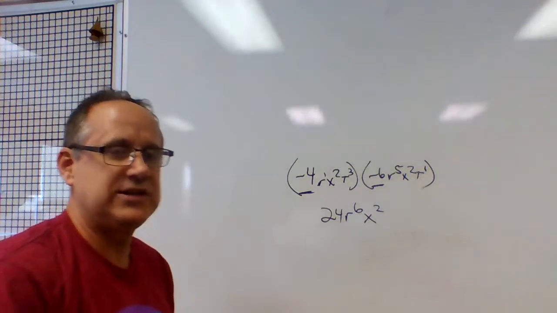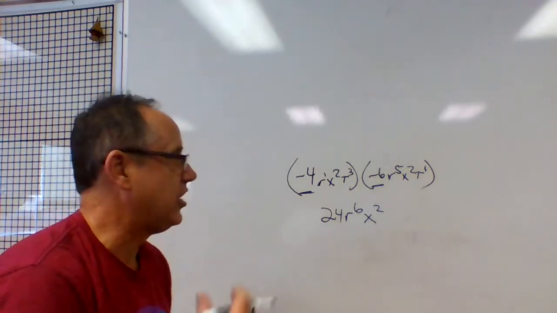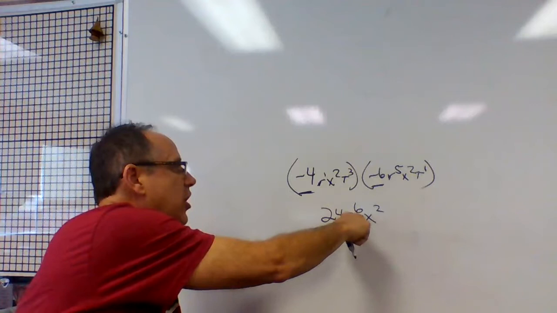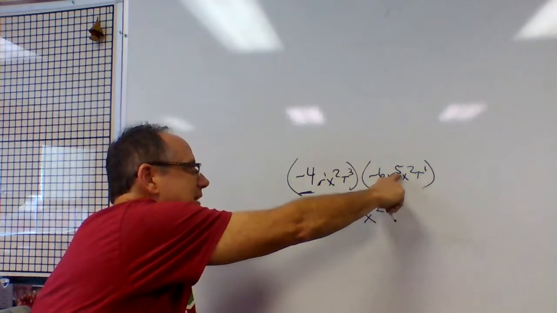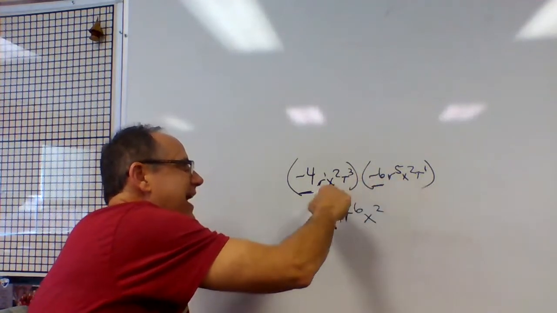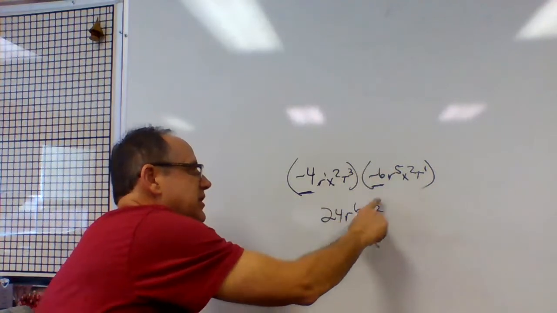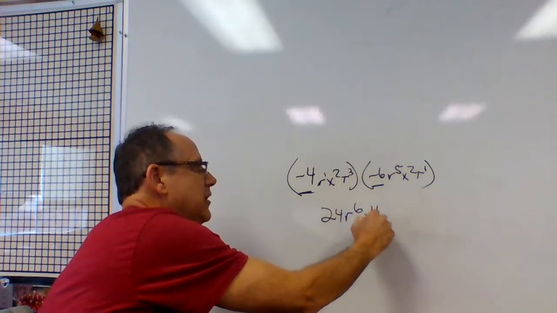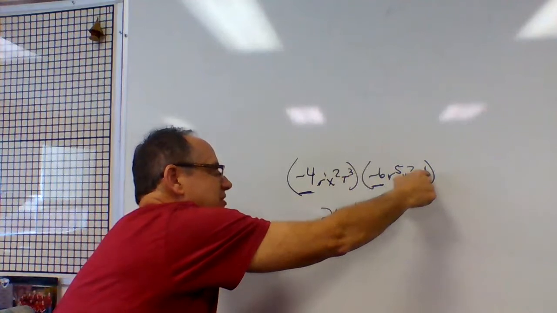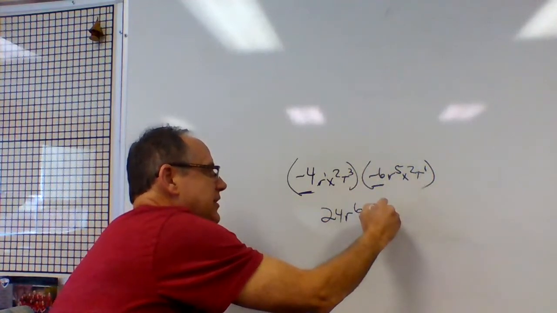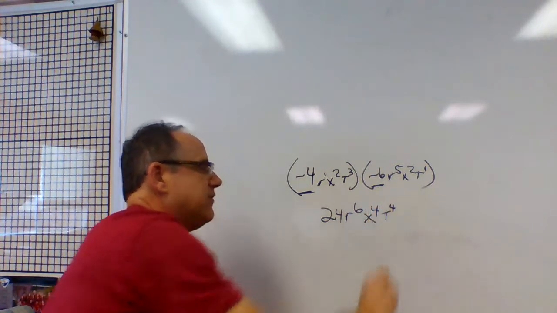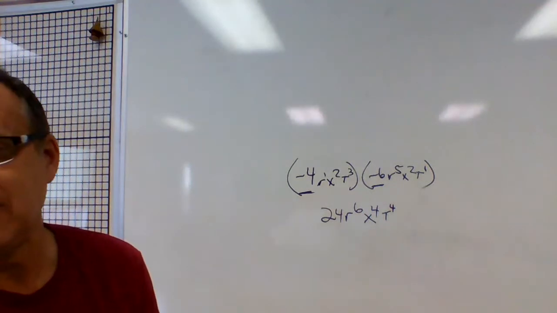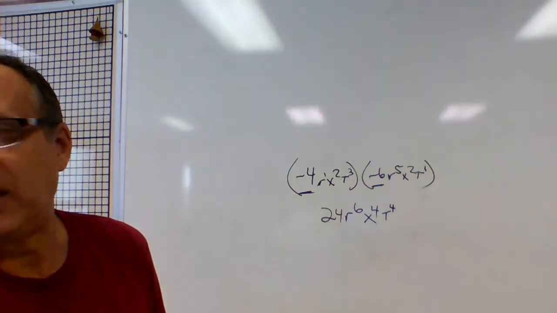So just remember, when you have a standalone variable, it's going to be 1. So we have 24 r to the 6th. 1 plus 5 is 6. My base of x, 2 plus 2 is 4. T to the 3rd times t to the 1st, 1 plus 3 is 4 as well.